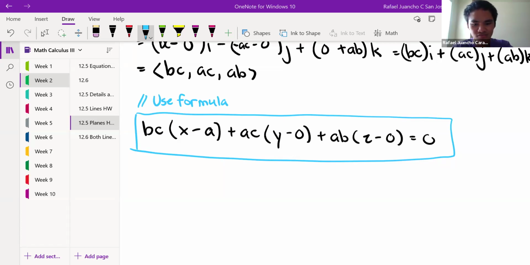At least this one's in. Okay: BC times x minus A, plus AC times y minus 0. I'm going to put the 0 just to be sure. Plus AB times z minus 0 equals 0. Okay, let's submit, see what happens. Yeah, we got it.